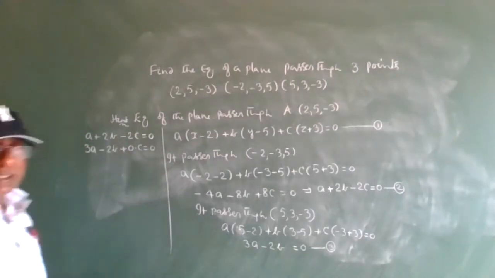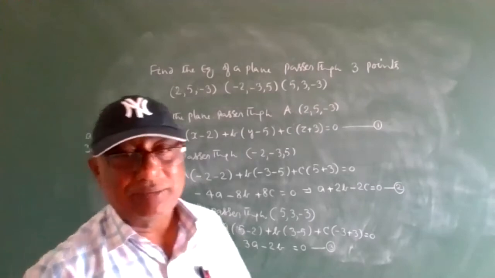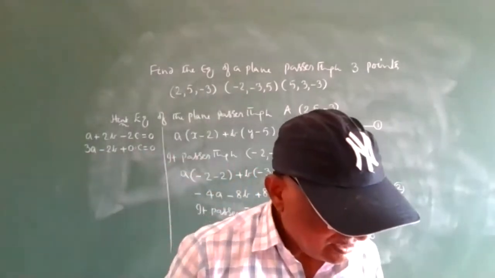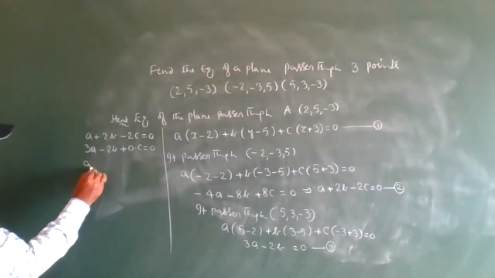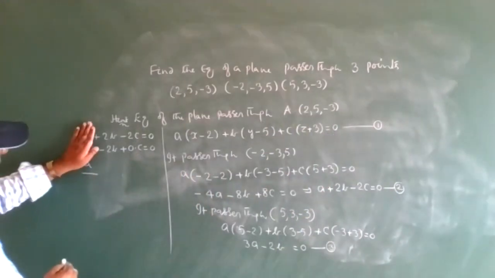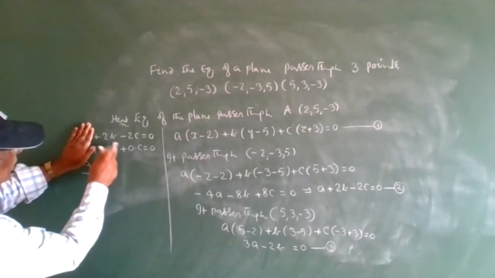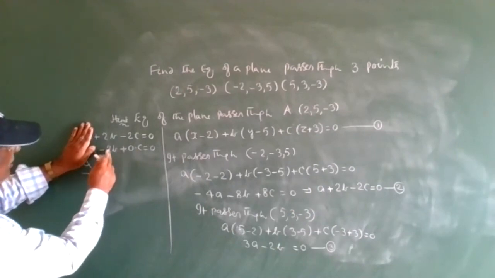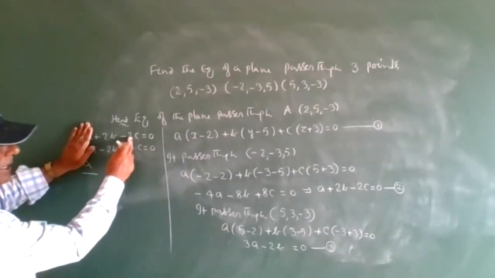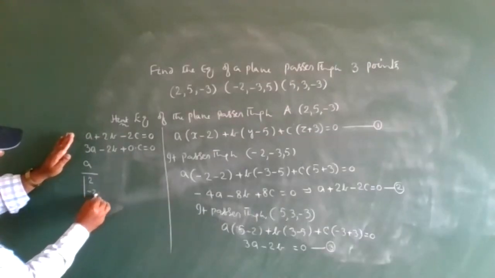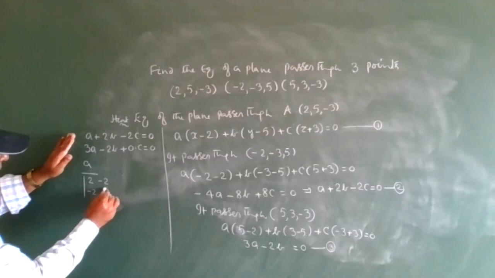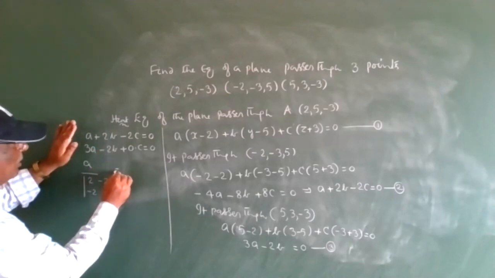The solving method is: first take a. a by cross a: 2 into 0 minus, that is plus 4. Now I will write 2, minus 2, minus 2, 0. Okay? For b, take the opposite sign.